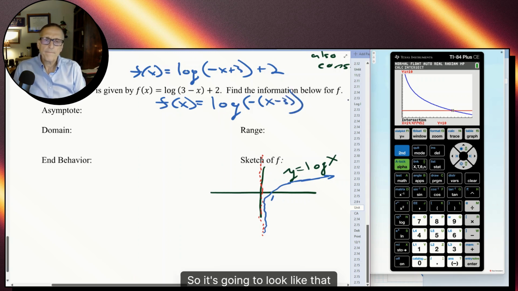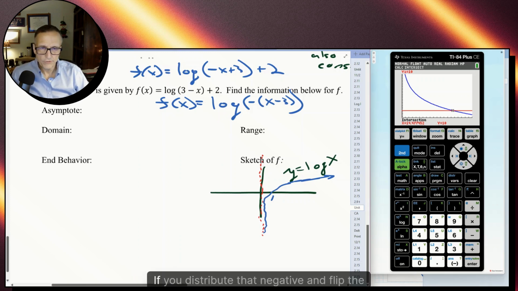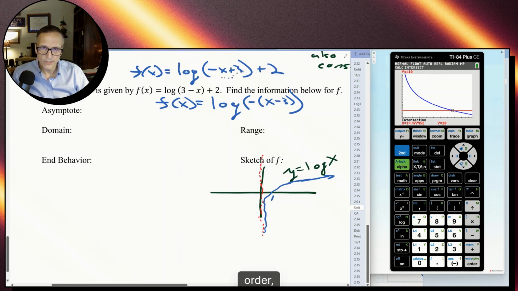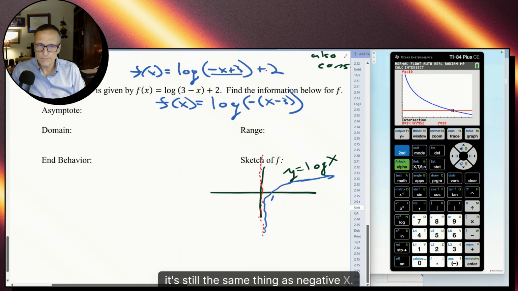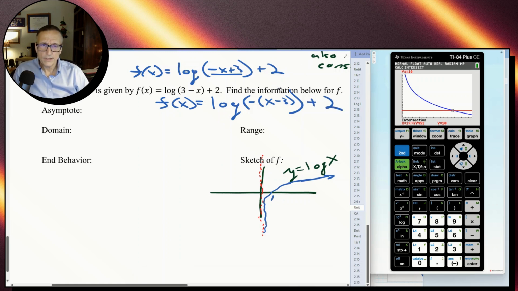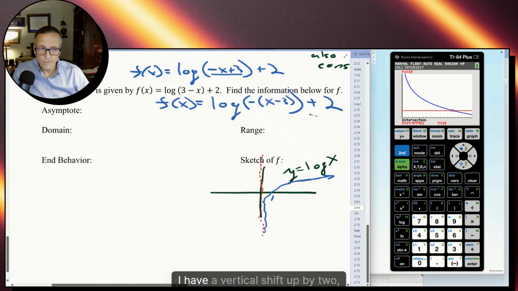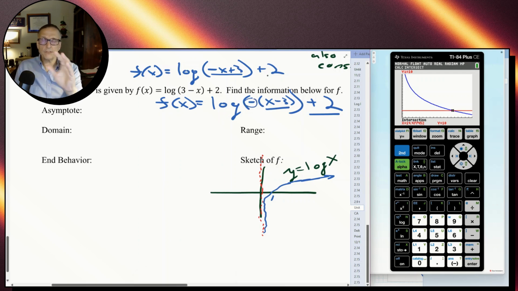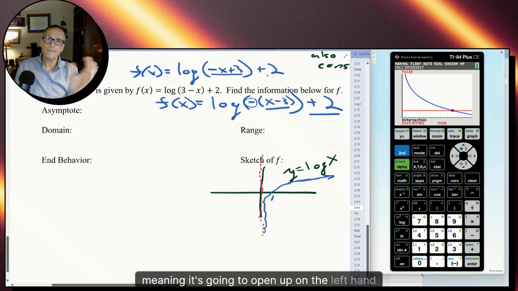So it's going to look like that: negative, parentheses, x minus 3. If you distribute that negative and flip the order, it's still the same thing as negative x plus 3. And of course, there is a plus 2 right here. So there are 3 transformations. I have a vertical shift up by 2. I have a horizontal shift to the right by 3. And the negative is going to flip it around the y-axis, meaning it's going to open up on the left-hand side of the asymptote.